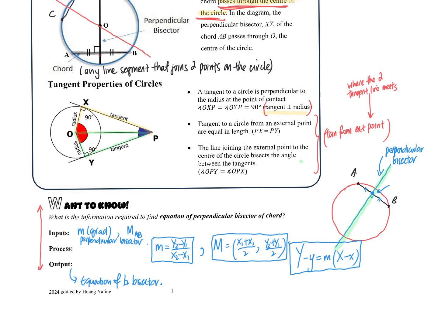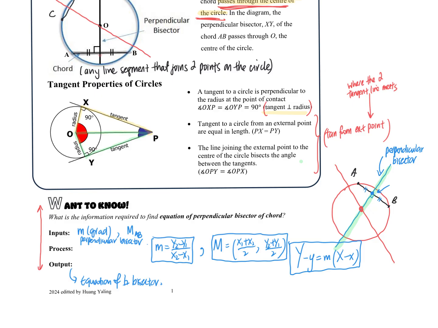With that, finding the equation of this line is no problem. But the question will always give you another line that passes through the center. So the ultimate goal, 6 marks for this: you find the equation of the perpendicular bisector and solve simultaneously with the other line they give you to get the center.